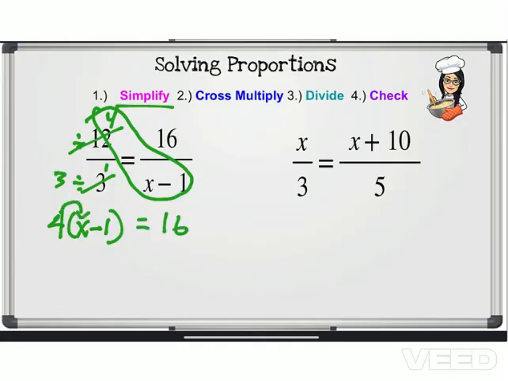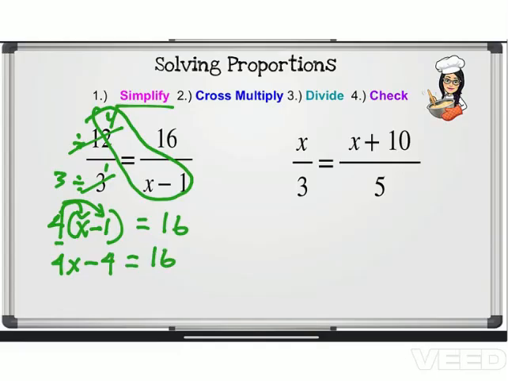Let's go ahead and use the distributive property, multiplying everything inside the parentheses by the number outside, which is 4. 4 times x, 4x, and 4 times -1 is -4. And I'm left with 16.